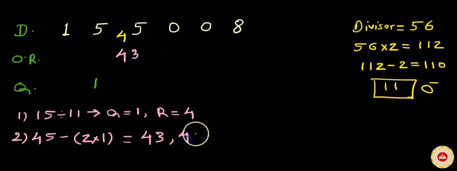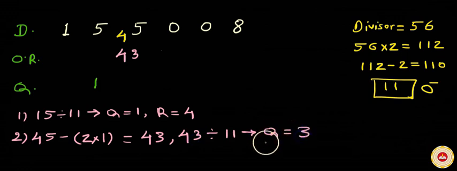Now divide this 43 by the osculator 11, which gives us quotient 3. 11 3s are 33. 43 minus 33, so the remainder is 10. So write quotient 3 below 43, the first osculation number, and write remainder 10 as a prefix to the next digit, which is 0.